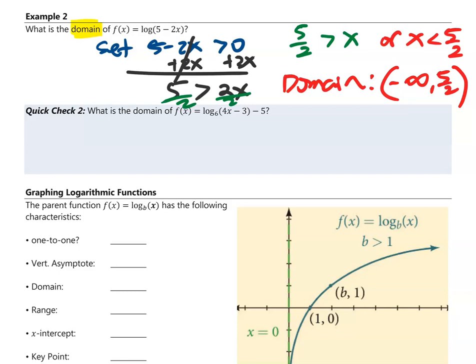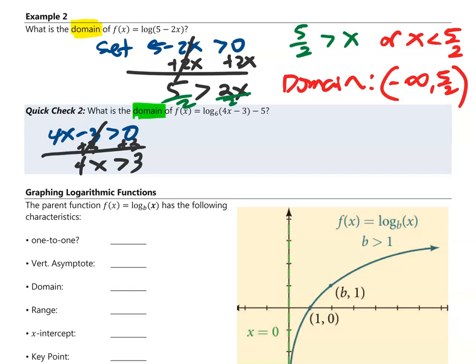Okay, let's have another one. What is the domain of f of x equals log base 6 of 4x minus 3, minus 5? So let's set 4x minus 3 greater than 0, then add 3. So 4x is greater than 3.